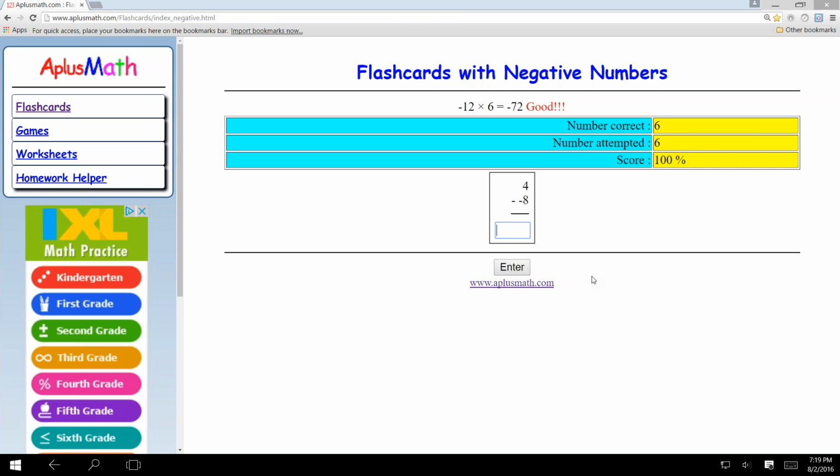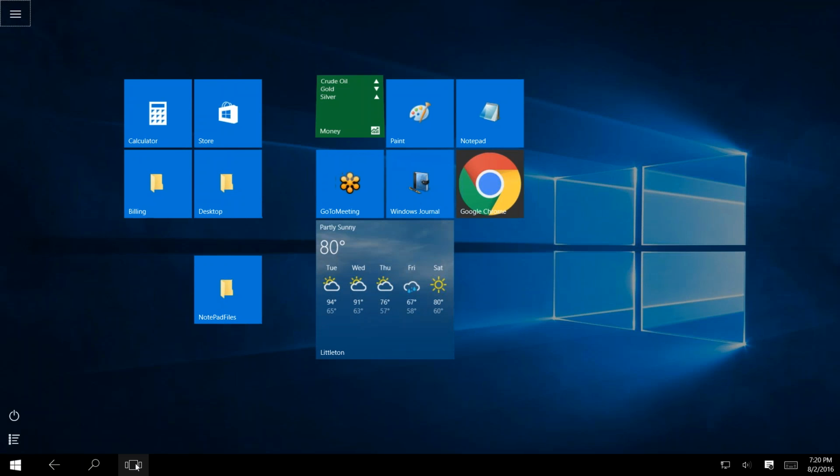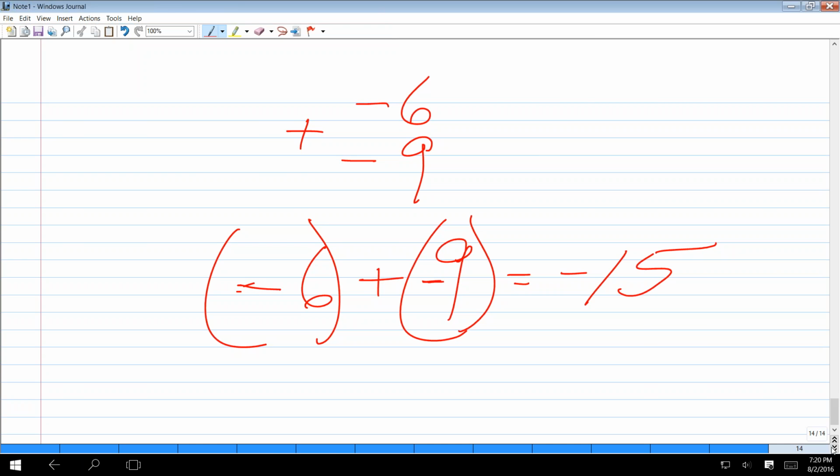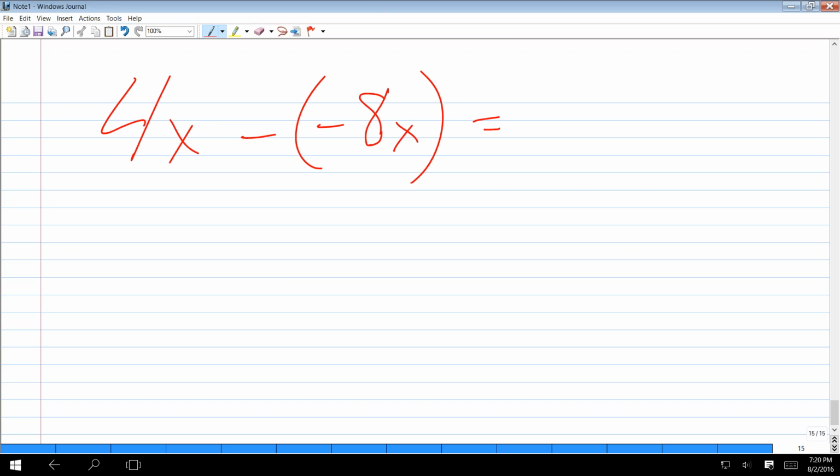In other words, this problem here is identical if I write it the following way. Right now it's 4 minus a -8, which is 12. What I'm saying is that if I had 4x minus a -8x, you're less likely to get that.